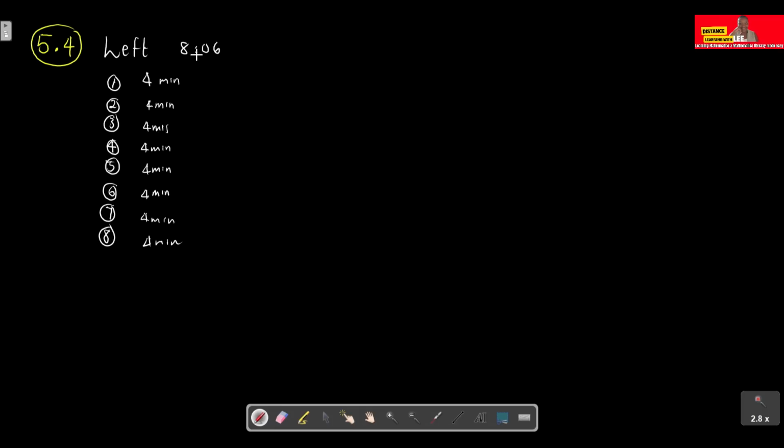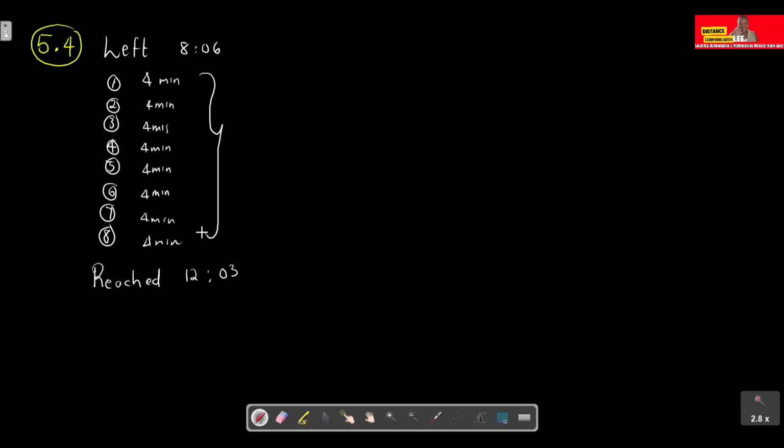So this is just additional information. We need to determine, if the train left at 8:06 and stopped at 8 places, 1, 2, 3, 4, 5, 6, 7, 8, and at each of these places it stopped for 4 minutes, and only reached Tokyo at 12:03, what the stopping time is.